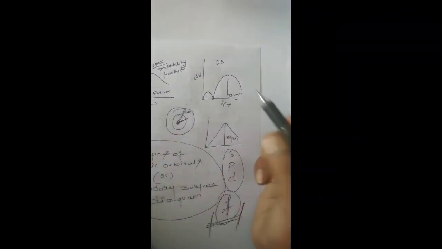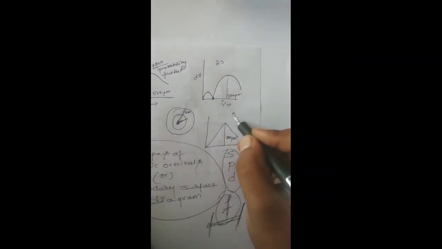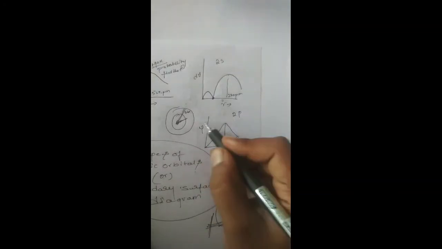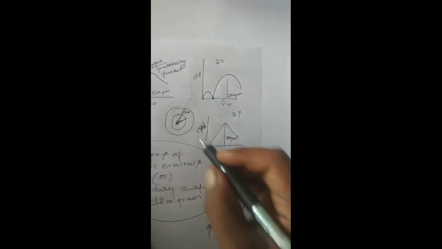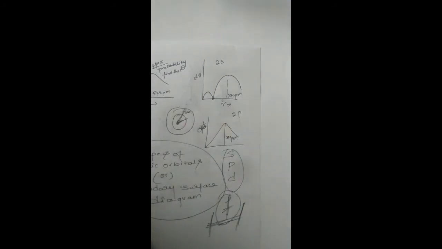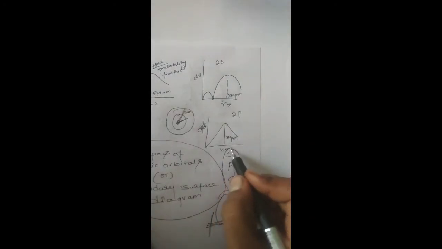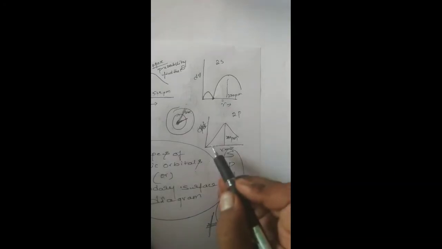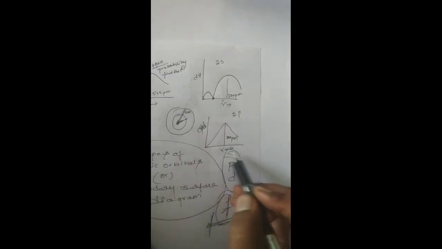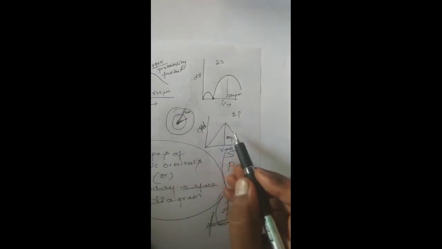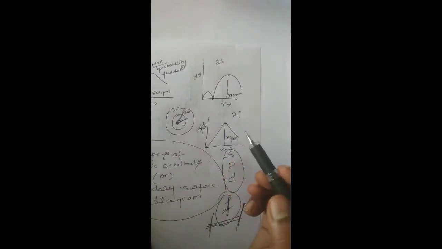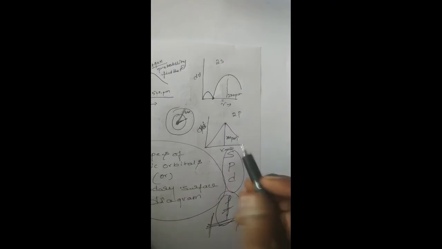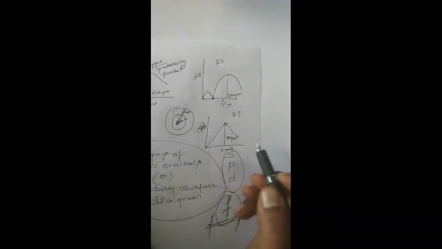For 2p orbitals, with 4 pi r square dr, as the radius increases the volume also increases, then suddenly it decreases. The maximum point to find the electron density is 290 picometers.